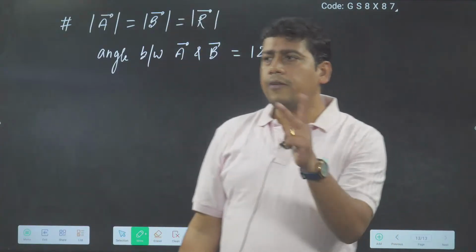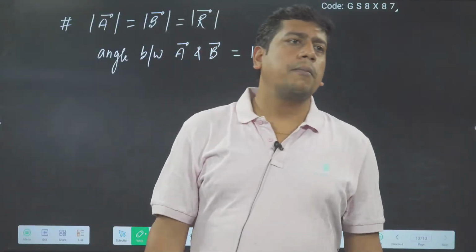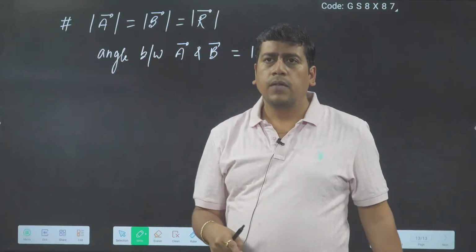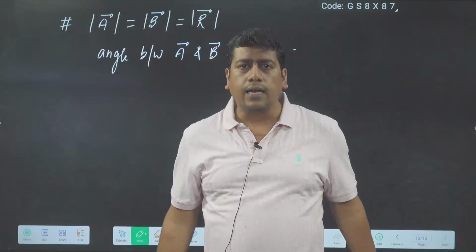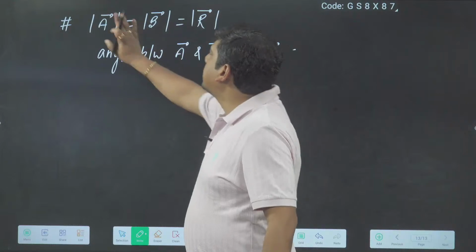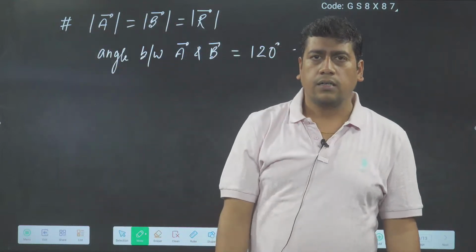Or you can remember the reverse way also. If two vectors have the same magnitude and the angle between them is 120 degrees, then the magnitude of the resultant will be the same as the magnitude of an individual vector.